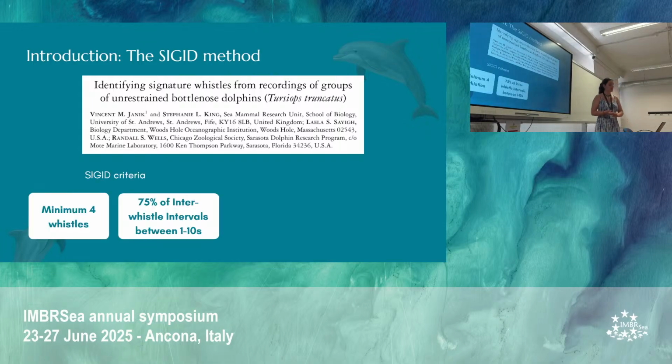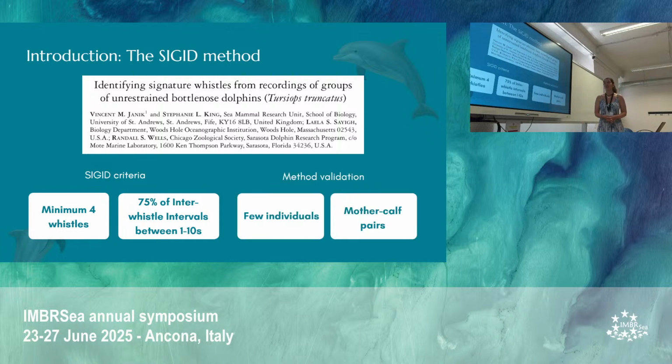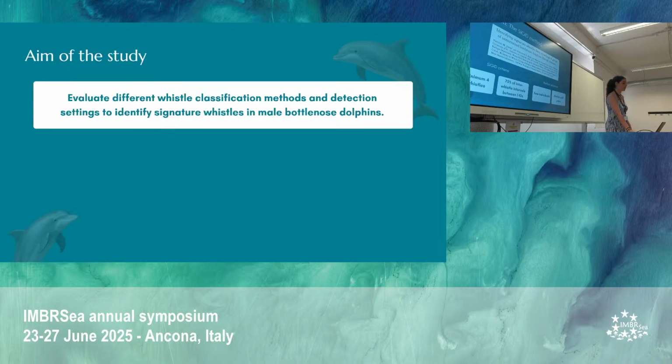To meet the criteria of the SIGID method, we need a minimum of 4 whistles in each category, and then 75% of the inter-whistle intervals to be between 1 and 10 seconds. But this method was validated with few individuals and only with moms and calves, and that's why we decided to use male bottlenose dolphins to have a better demographic range.